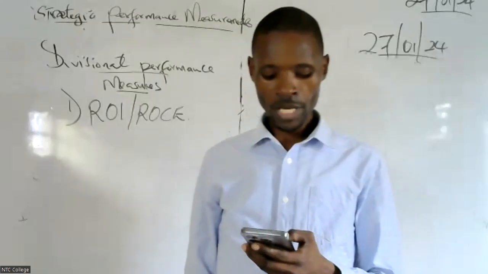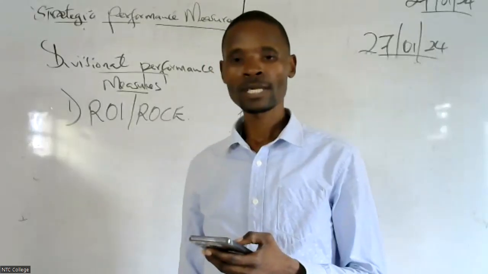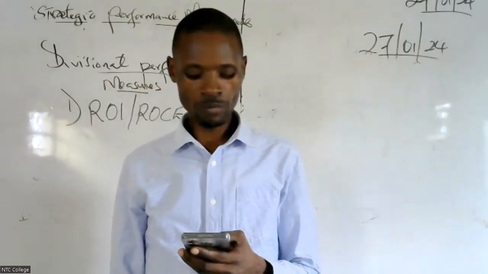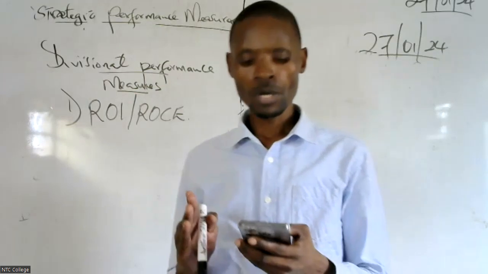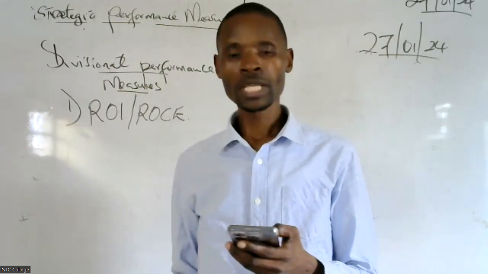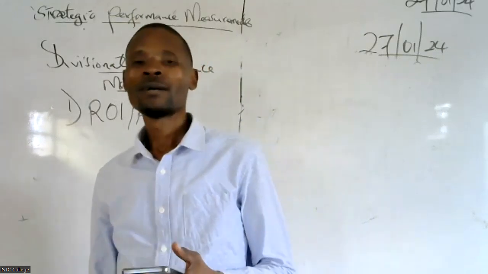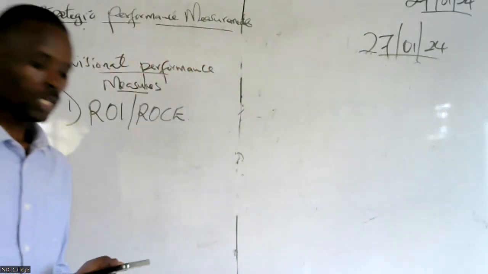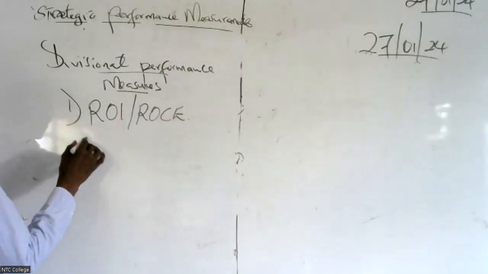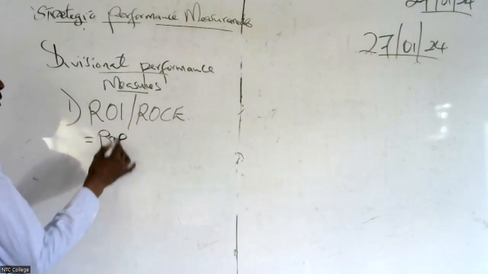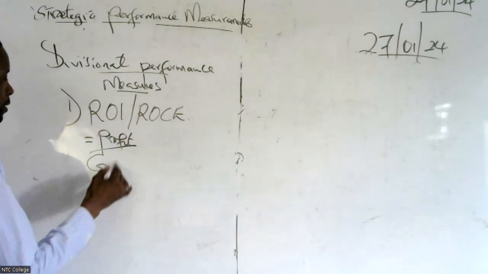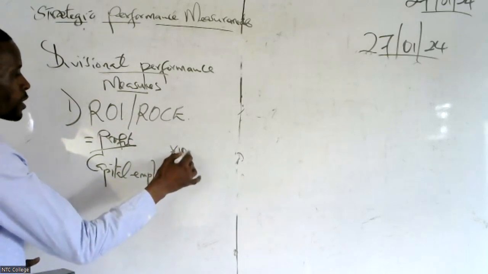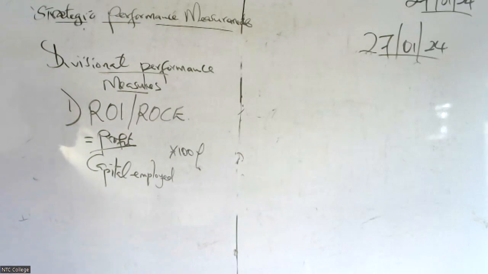Another point, this will only be the controllable assets by the divisional manager. So in that case, we get it by profit divided by capital employed, then you multiply by 100%. You convert into percentage form.